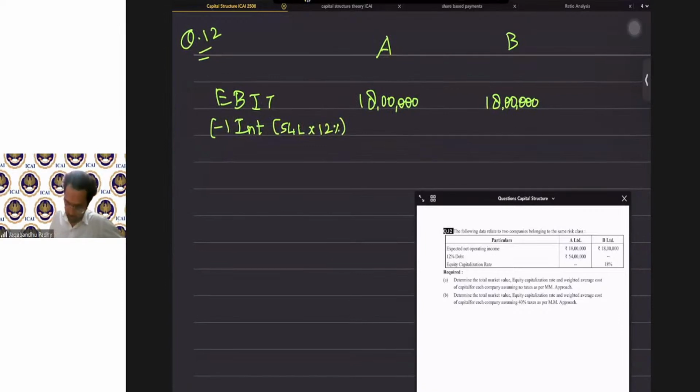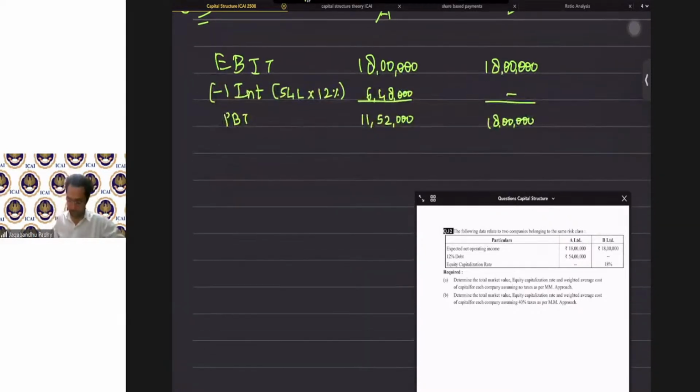So that will be 6 lakh 48,000. No interest in case of B. And therefore profit before tax was 11 lakh 52,000. And for B, it is 18 lakh.